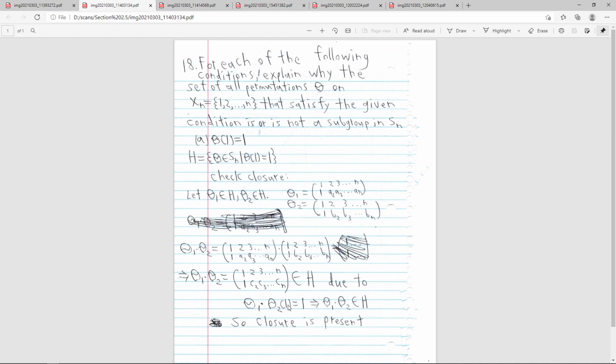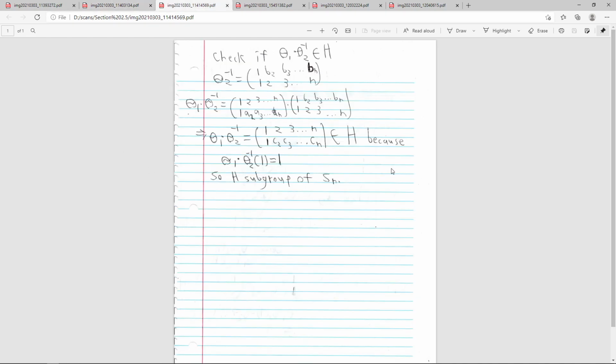Since theta 1 times theta 2 sends 1 to 1, theta 1 times theta 2 is in H, so closure is present. Now we have to check if theta 1 times theta 2 inverse is in H.